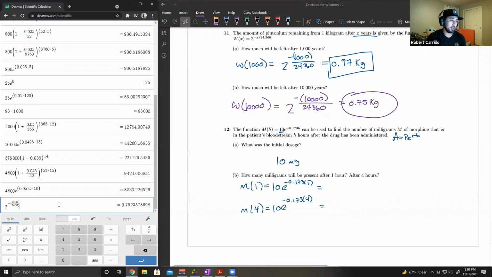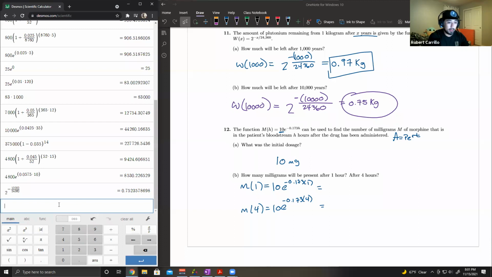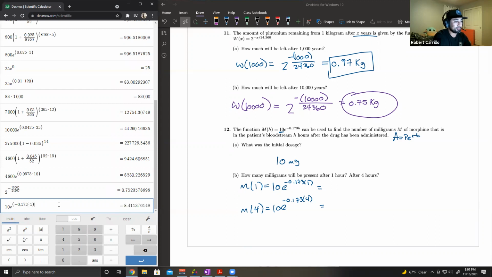Okay. Typing that in, just like I wrote it, 10 e raised to the negative 0.173. That'll be for the first one, because 0.173 times 1 is the same. But again, if we're multiplying, why not keep that in parentheses? Times 1. And after 1 hour, there will be 8.41 milligrams of morphine left.